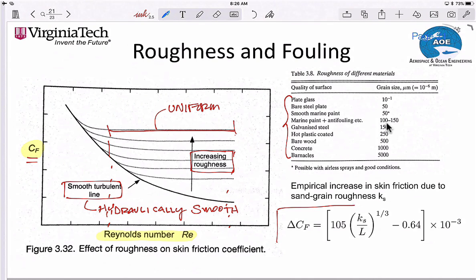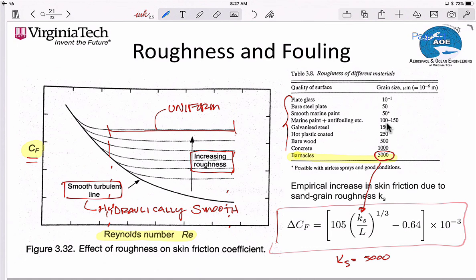Ultimately, though, we want to be able to predict this. So if we know the size of the barnacles, if we know that your ship is encrusted with barnacles, we know that we have an effective grain size, right? We can calculate the resistance from this empirical equation. Okay, so K sub S is 5,000 for barnacles.